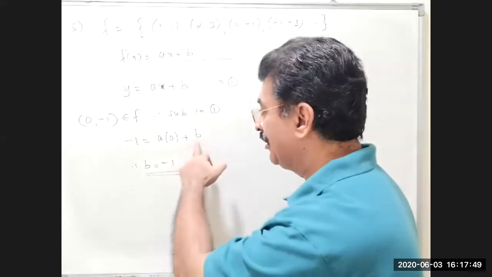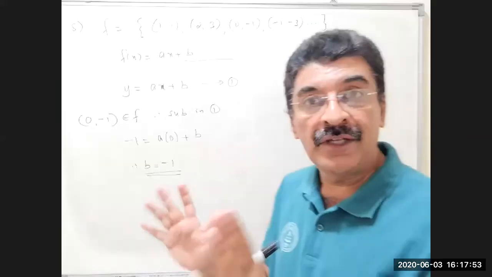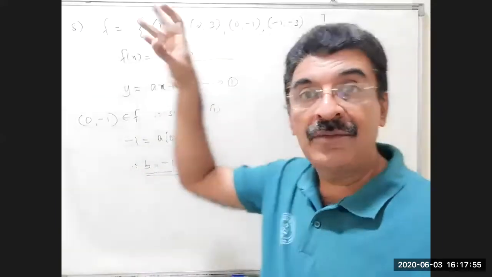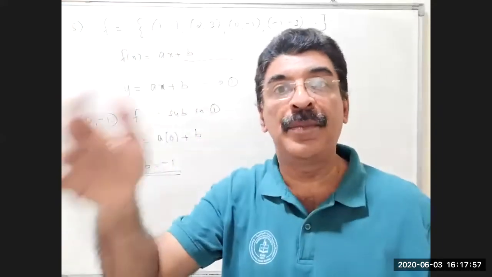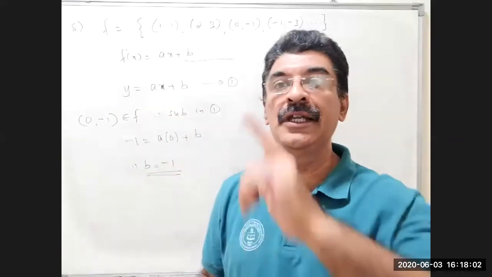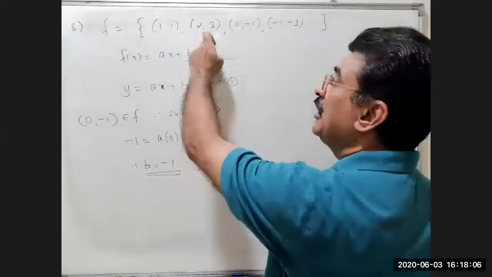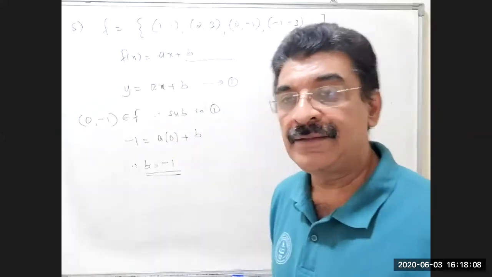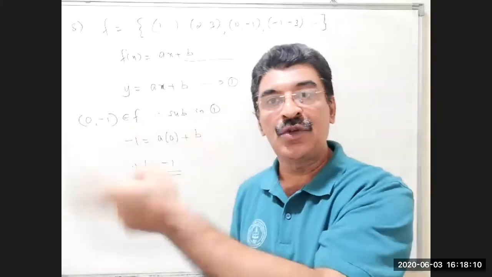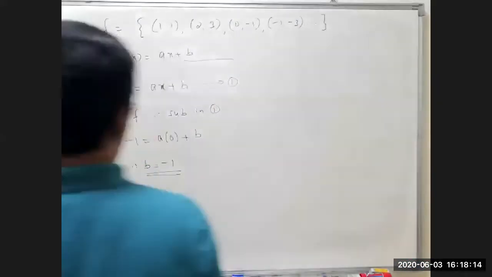Sometimes in the question there will not be a pair with 0. In that case, take easy numbers, you will get two equations in a and b, then solve. So here b is minus 1.